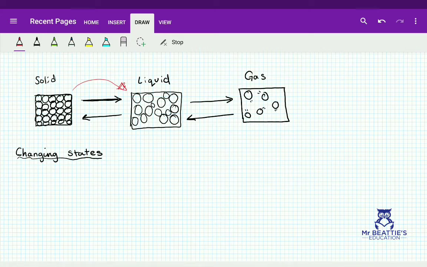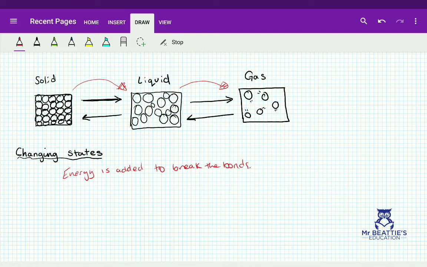Okay, so in order for us to change from a solid into a liquid, what we have to do is increase the amount of energy. Okay, so energy is added to break the bonds. Right, so if we're moving up this scale from solid to liquid, liquid to gas, energy is added to break those bonds and pull those molecules further apart.